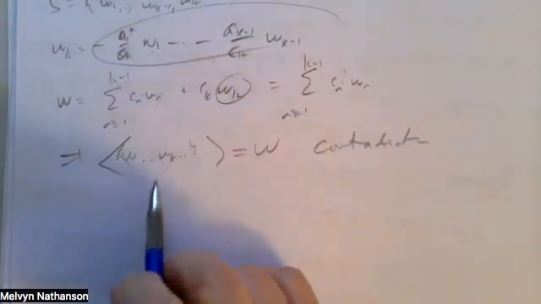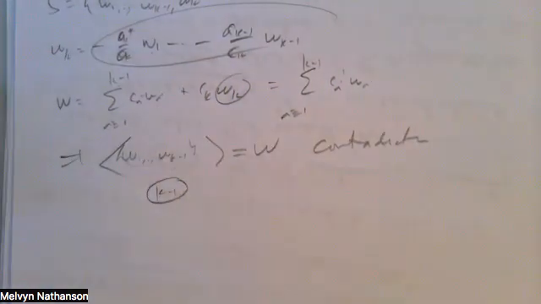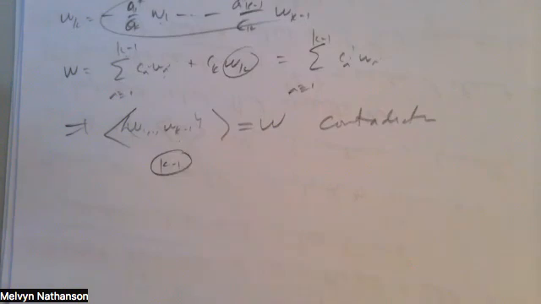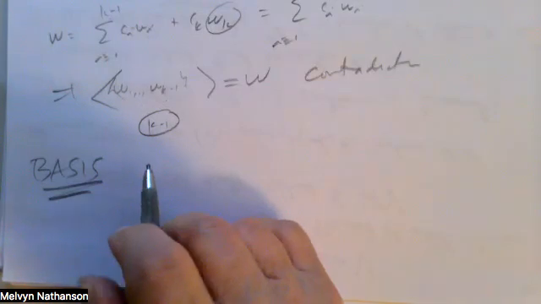Because this set has cardinality k minus 1, and we said that the smallest subset of S that generates W has k elements. So this is the definition of a basis.